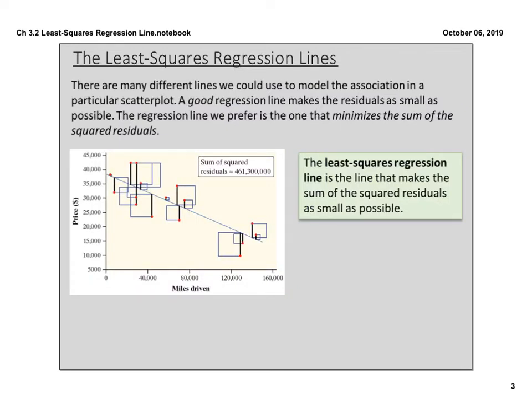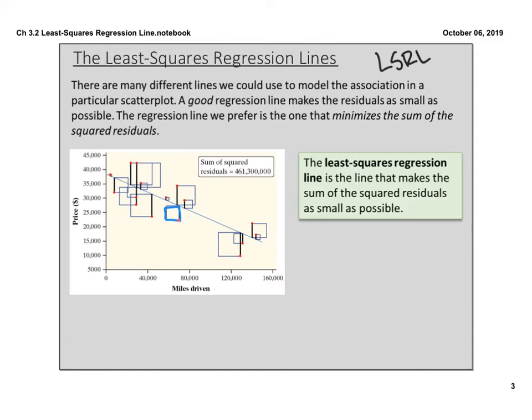So the LSRL, or in other words, least squares regression line, you will hear this referred to as LSRL quite a bit. The least squares regression line is the line that goes through your data, and it is the line that has the least area, if you square the residual, I guess you could say, of each data point.